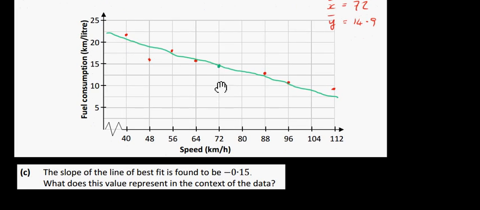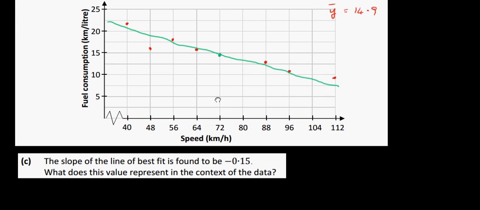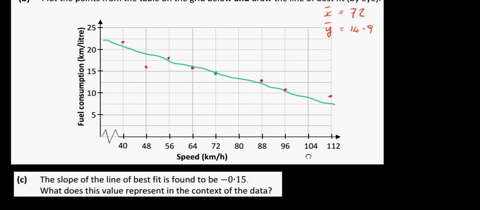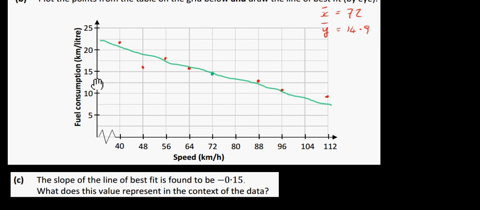Okay, next one talks about the slope of this line of best fit. So the slope of that line is minus 0.15, so you can see it's negative anyway. What does this value represent in the context of the data? What slope means is how y changes with respect to 1 unit of x. So whatever's on the y-axis, how that changes with respect to 1 unit of whatever's on the x-axis.